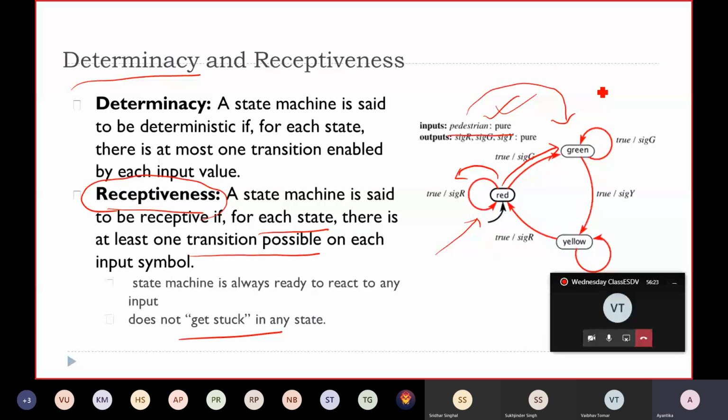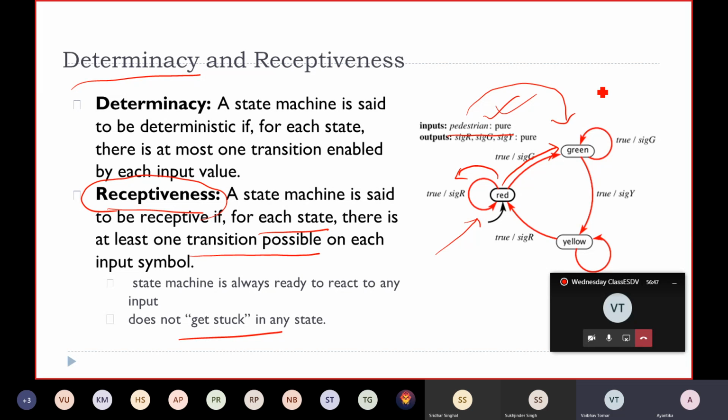Yes. Green or red. Now you have not defined anything for yellow. Now your pedestrian is giving a signal when the light is yellow. Maybe it is pushing the button. So what will happen to your transition condition?